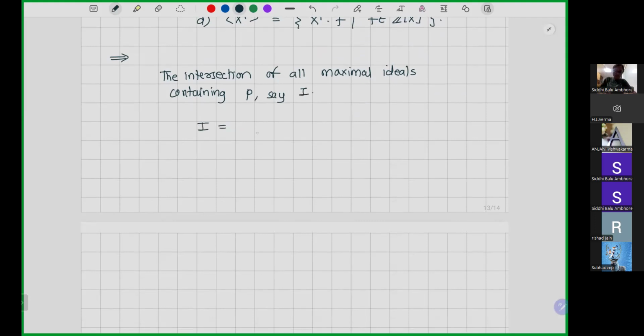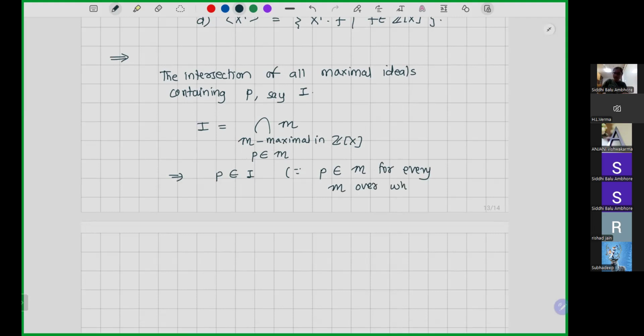So let I be the intersection of M, where M is maximal in Z[x] and P belongs to M. So P belongs to M for every M over which we are taking the intersection, right? This implies P belongs to I, since P belongs to M for every M over which the intersection is taken.